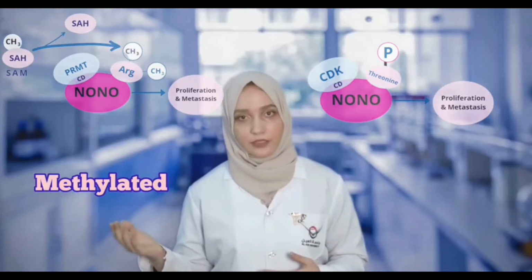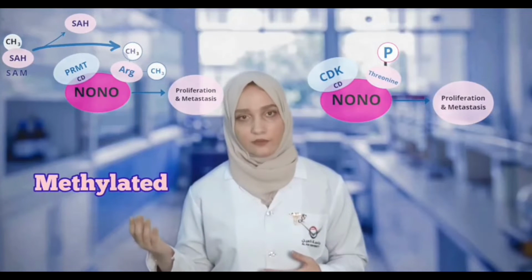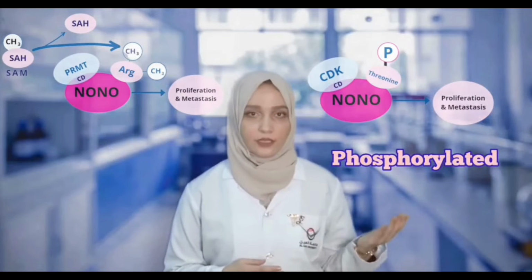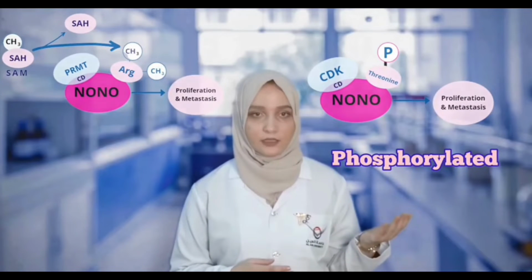urgently needed. We have found that NONO protein is overexpressed in many types of cancer cells, especially in breast cancer, as it binds to the RNA and activates the proliferation of these cancer cells so that they will multiply and develop excessively. For NONO protein to be activated, it has to be methylated by protein arginine methyltransferase 1 and 4, and it has to be phosphorylated by cyclin-dependent kinase enzymes.